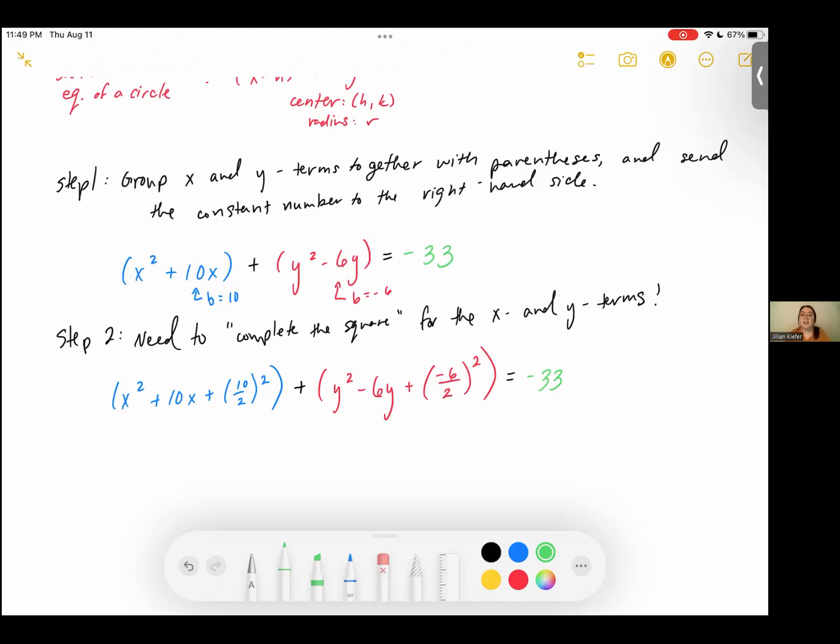So since we added 10 divided by 2 squared and negative 6 divided by 2 squared to the left-hand side, we have to add it to the right-hand side as well. So on the right-hand side, we are adding 10 divided by 2 squared and negative 6 divided by 2 squared. We're adding those numbers.